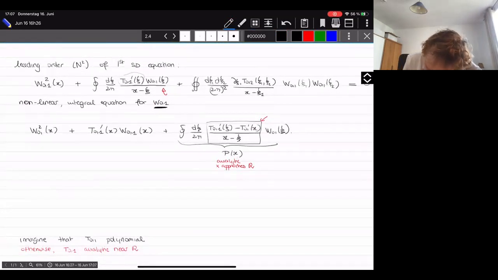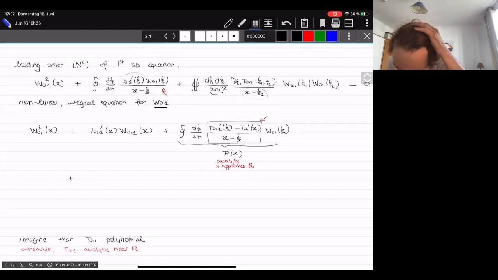And we're going to treat the other terms in a similar way. So we want to get rid of this 1 over X minus Xi1 that may create something which is not continuous or not holomorphic when X approaches the real axis. So in the numerator, I want to replace Xi1 by X. And then I have dx T02 X Xi2.